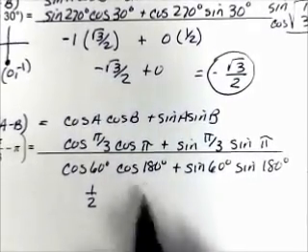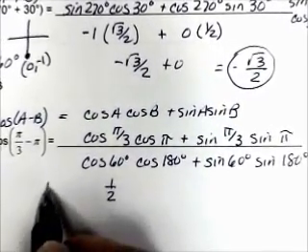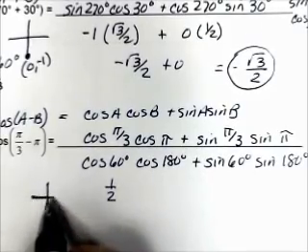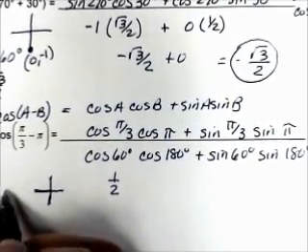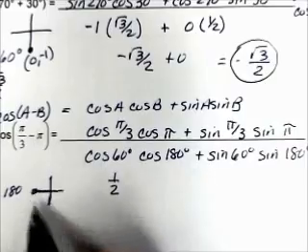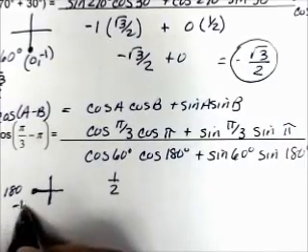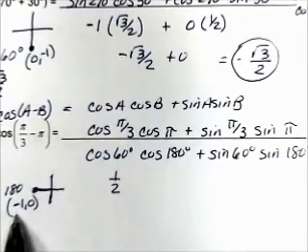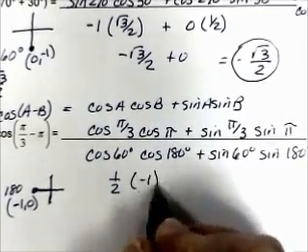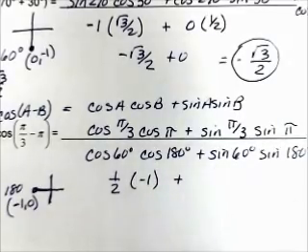Cosine of 180, looking at our quadrantal angle, 180 degrees, unit circle, coordinates would be negative 1, 0. Cosine is the x coordinate, so that's negative 1. Plus the sine of 60, just look up at the trig table.